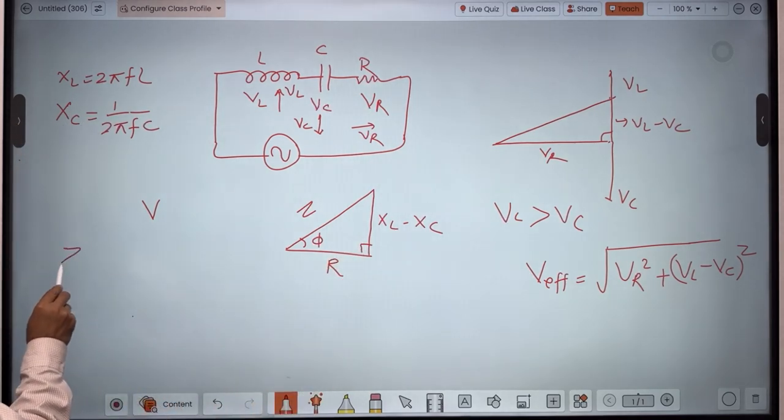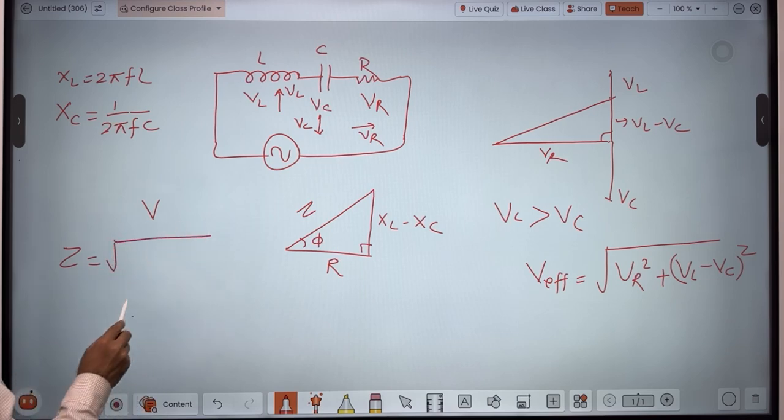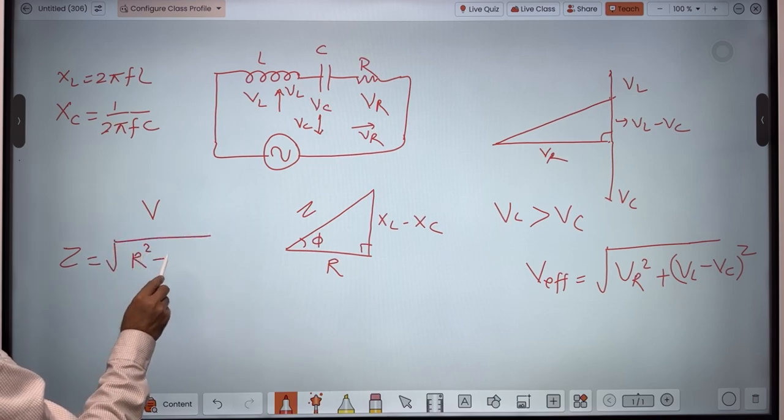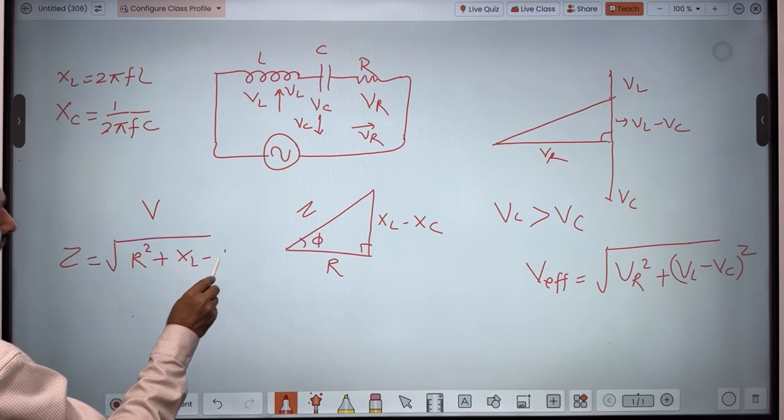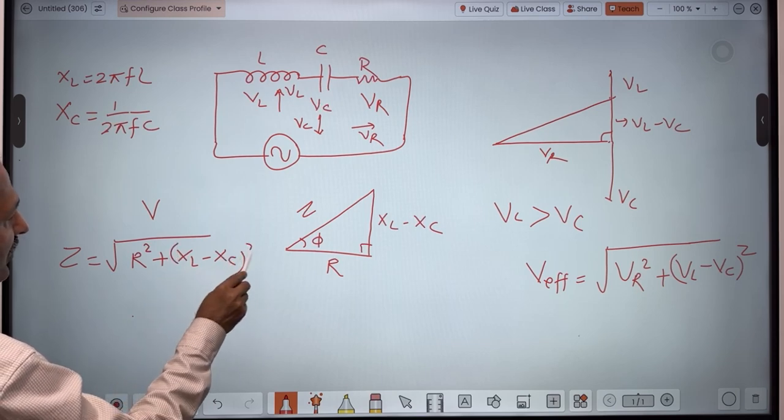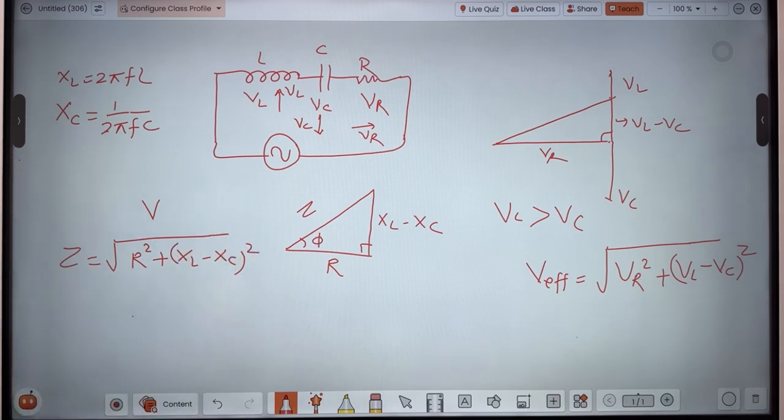So impedance Z will be equal to square root of R square plus XL minus XC whole square, right? And suppose we want to find out current. Here we are talking about RMS values, so IRMS will be VRMS divided by Z.